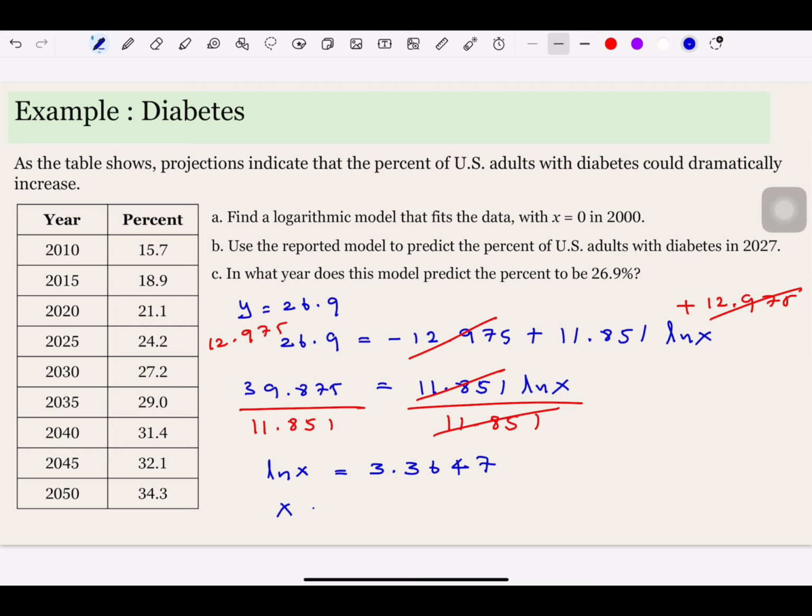That's going to be x equals e to the power 3.3647. You can evaluate this number using a calculator. It's going to be 28.9. So that means in year 28, I mean approximately in 2029, the model predicts the percent to be 26.9.